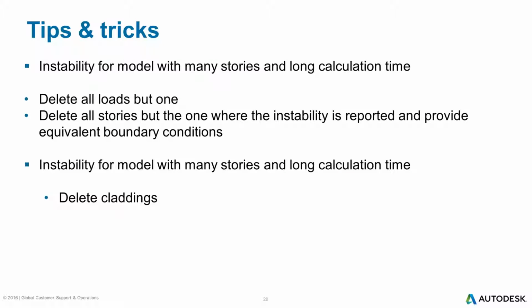As calculation time for a large model may be long and you may need to repeat this process a few times, you may consider reducing the size of a model by deleting some stories and replacing them with equivalent boundary conditions, which we did in our example, and the same may be done for models with triangular and trapezoidal load distribution, where you may shorten the calculation time by deleting claddings.